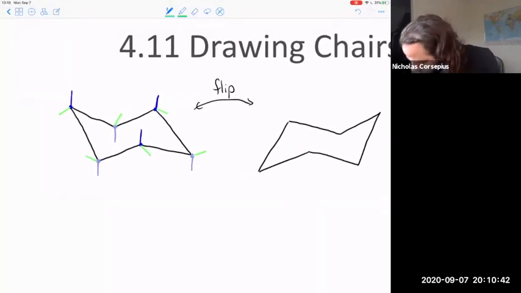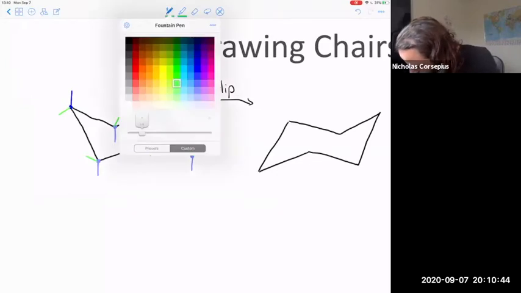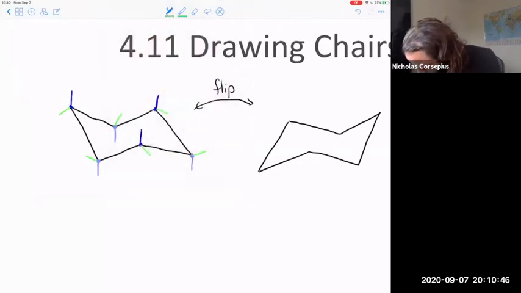And actually, I'll go ahead and do some distinction between these because we'll see why in a second. Okay, now I'm going to go through and put those numbering in again.